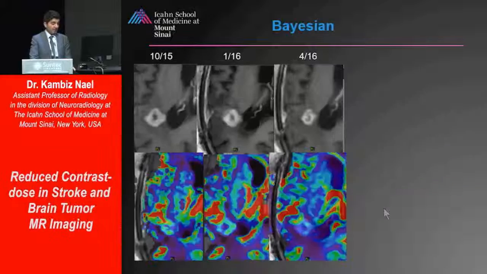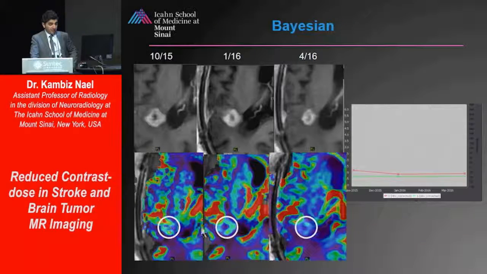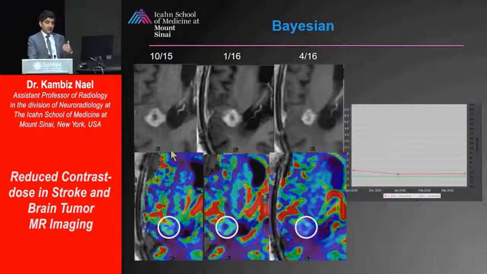confusing. And then if we look at the same images processed with Bayesian, you can see that there is a progressive decrease in rCBV values. There is no increase in the later phase, and that really fit the patient's clinical picture in terms of him being completely asymptomatic and the fact that the lesion was getting smaller. I don't have surgical pathology for this case.